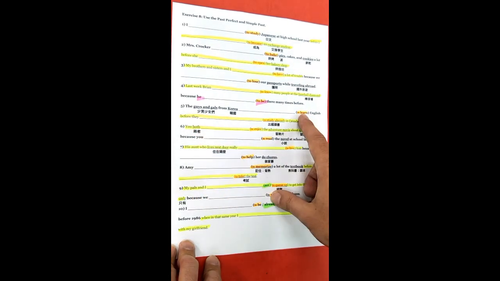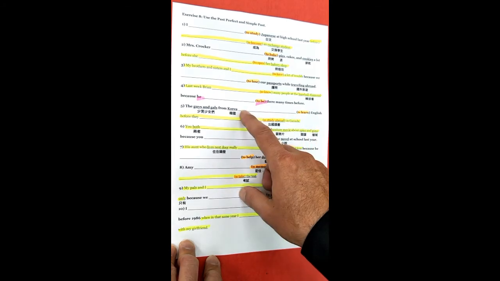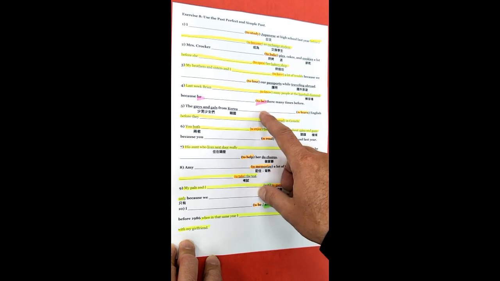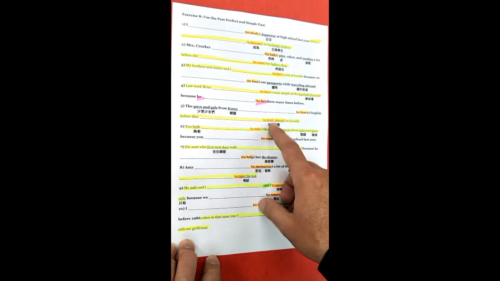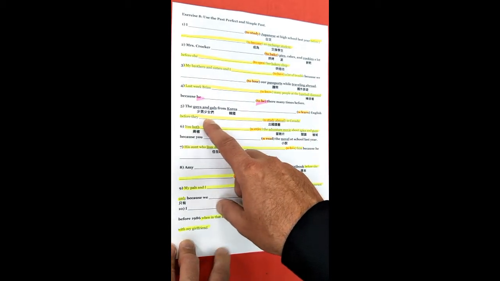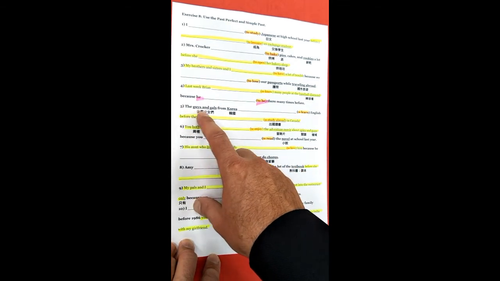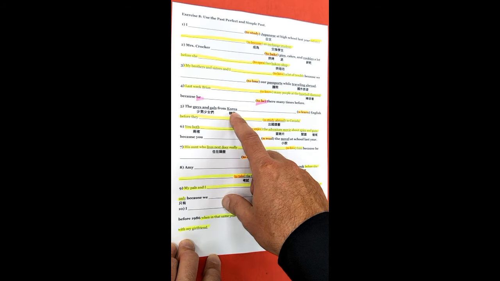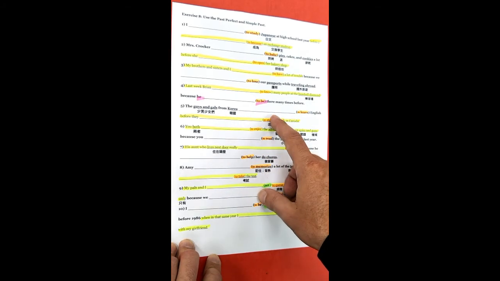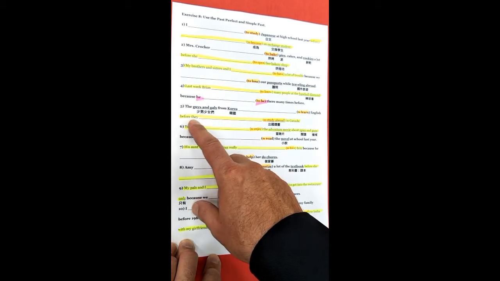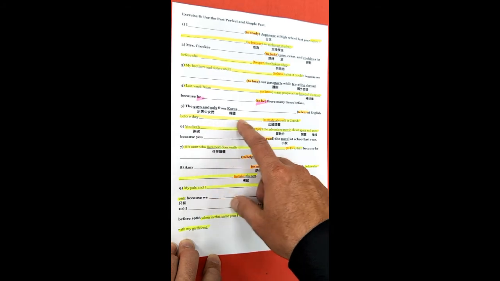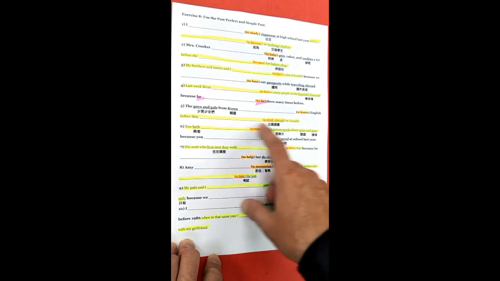5, to learn, learn, learned, learned. Or UK, learn, learnt, learnt. Study abroad, study, studied, studied. The guys and gals from Korea had learned English before they studied abroad in Canada.